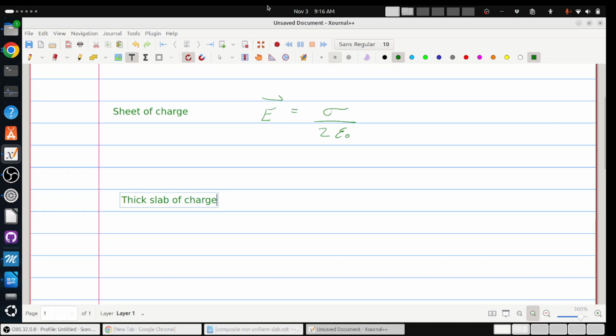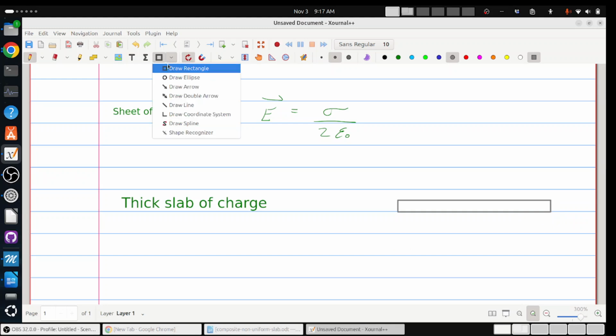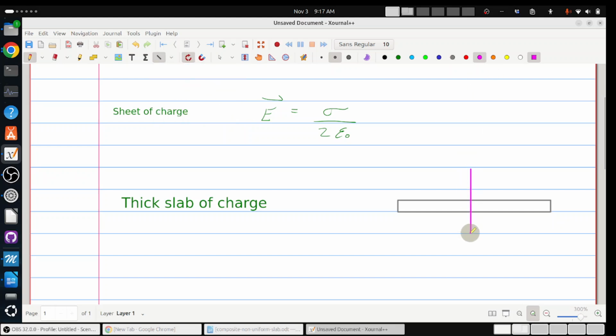And for these ones, we are going to use the geometry that the charge is contained sort of in the XY plane. And that the direction that we're measuring it relative to is going to be the z-axis.